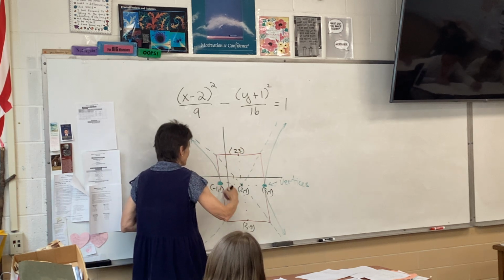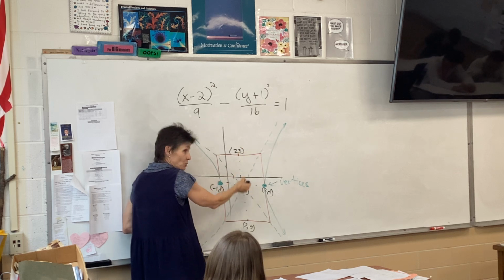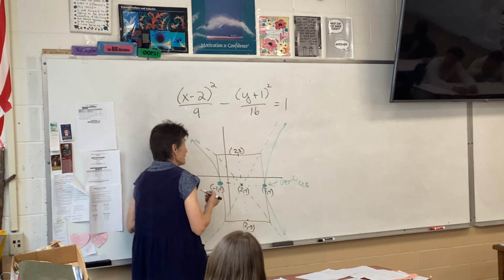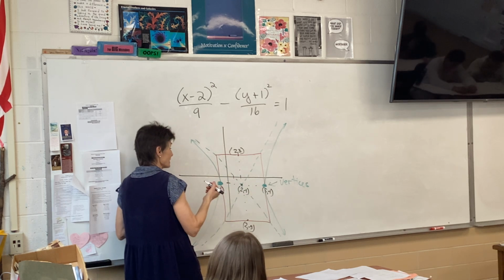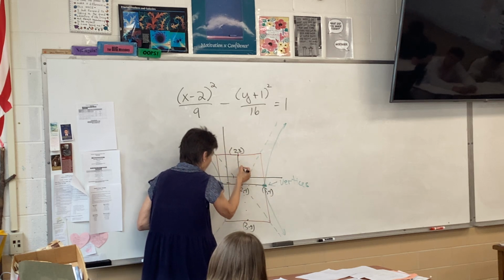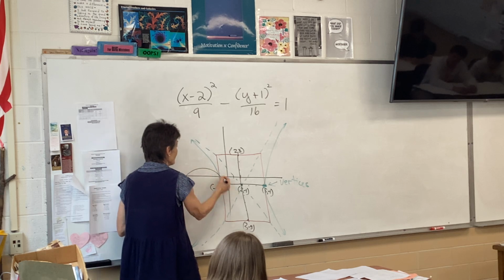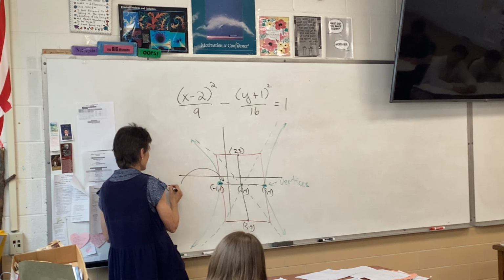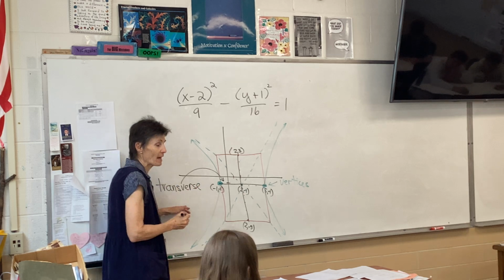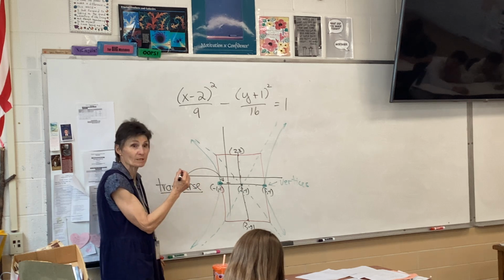If this had been any ellipse, this would be the major axis, and this would be the minor axis, right? In a hyperbola, those axes are still there. There's one of them here, and one of them here. But now their names are transverse axis, and you won't forget that because trans means across and verse, vertices.